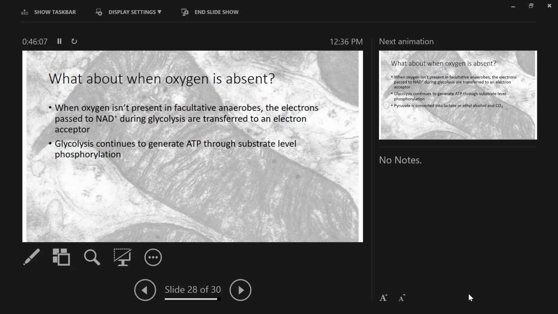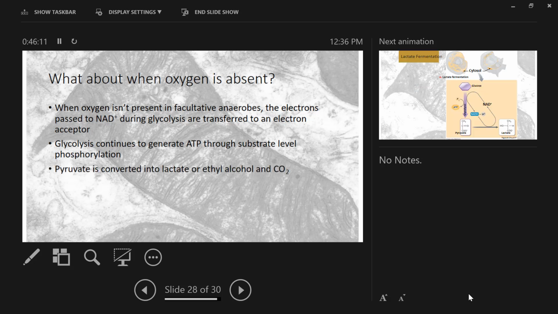Glycolysis continues to generate ATP, not much, but some. And then pyruvate would be another thing that would start to accumulate if all we were doing is glycolysis. So pyruvate needs to get converted into something, and we need to have NADH give its electrons to something.